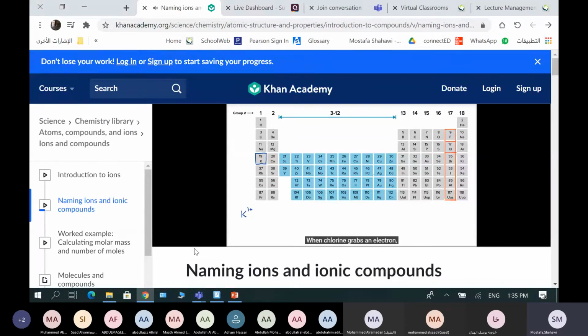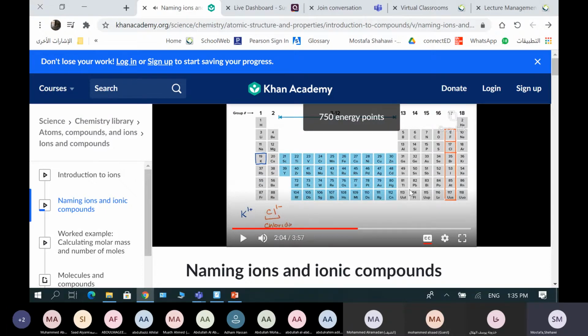When chlorine grabs an electron, it will be a negatively charged ion. So you could write it as chlorine 1 minus. But the way that we generally refer to an anion, a negatively charged ion, instead of just calling this the chlorine anion, we would call this chloride.